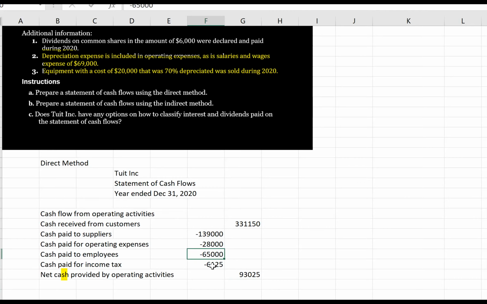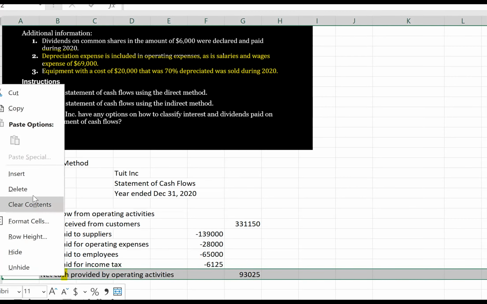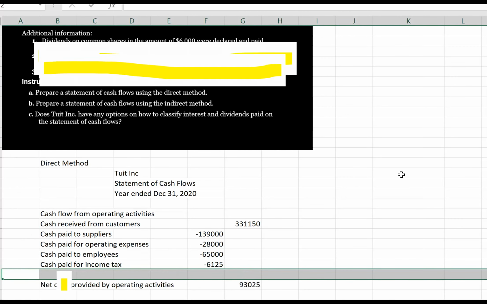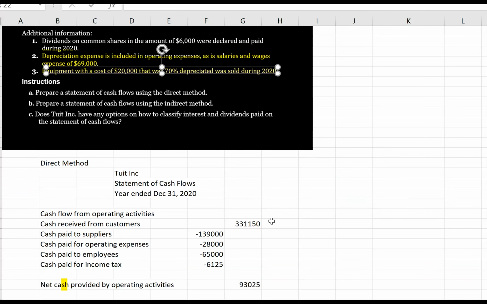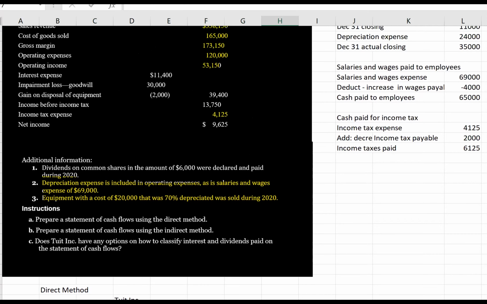We've got our taxes. You know what we did miss is we missed the cash paid for interest. So cash paid for interest is going to be, let's see, so we do need to add a line there. And why is that? Let's take a look at this interest amount.